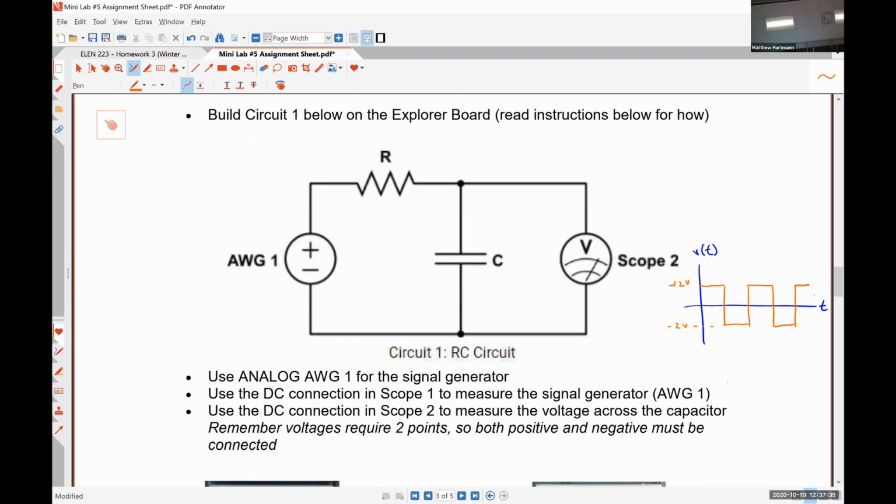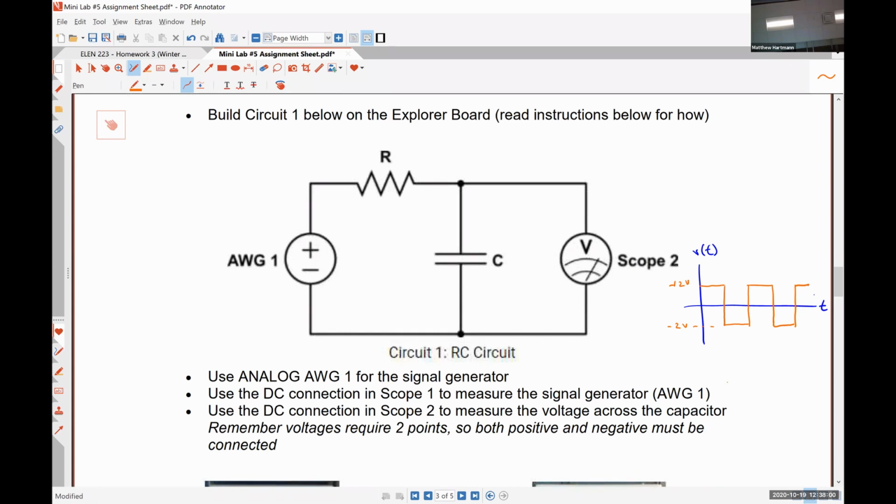So from AWG1 to our resistor, one leg, out to some point on our board. Then we have our capacitor, goes to our ground.